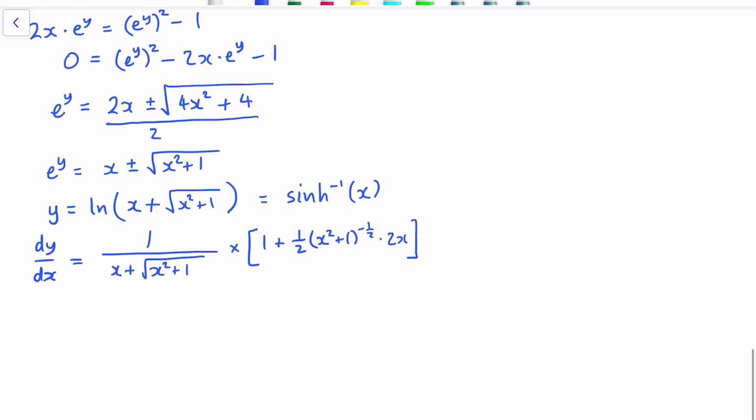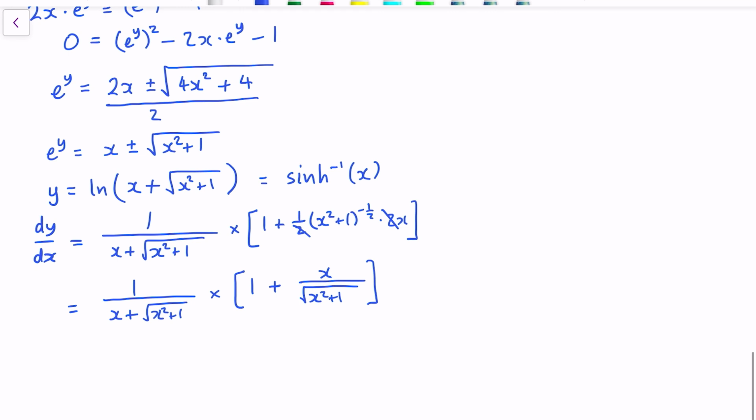Now this looks like nothing like the proof that I'm trying to achieve, but if I tidy it up, things fall out really nicely. Because I can write this bracket as 1 plus, 2's cancel, get x on the top, divided by root x squared plus 1. I can then put these fractions together.